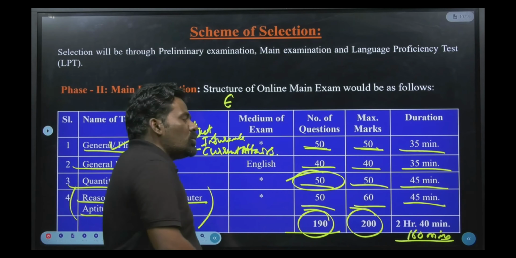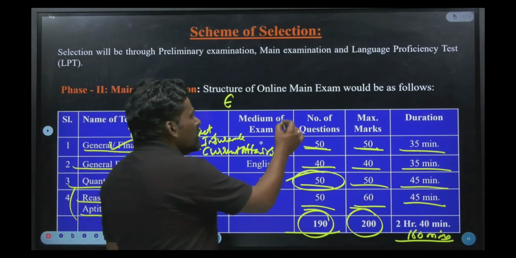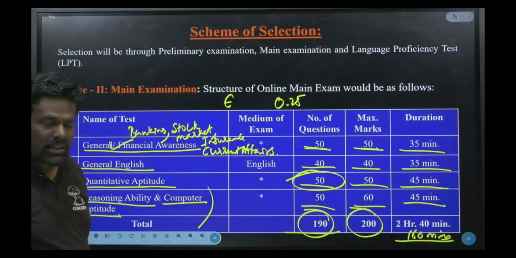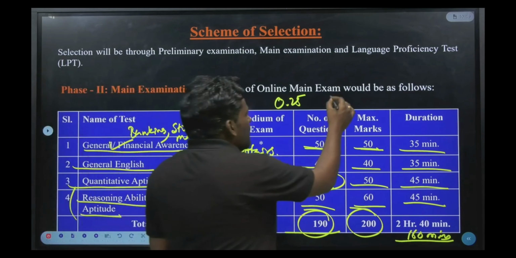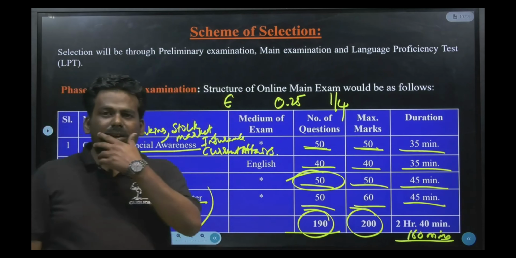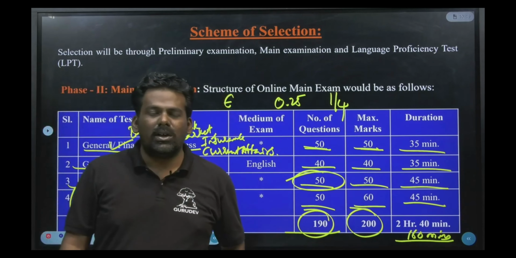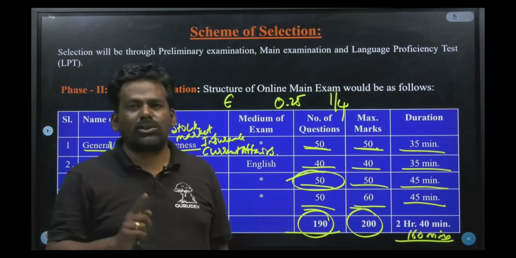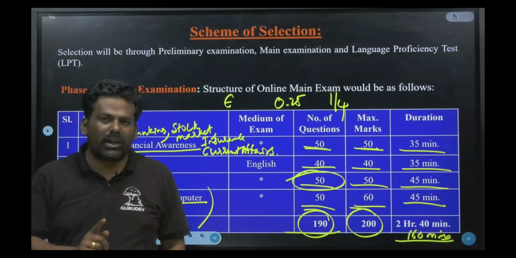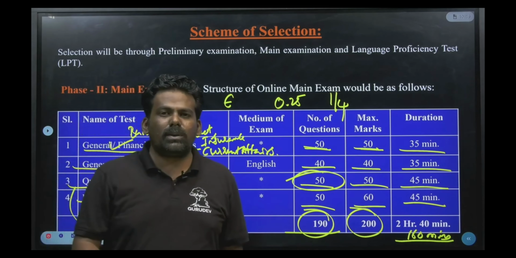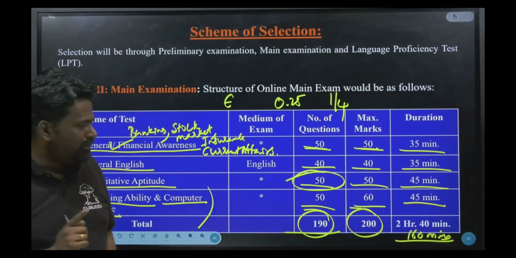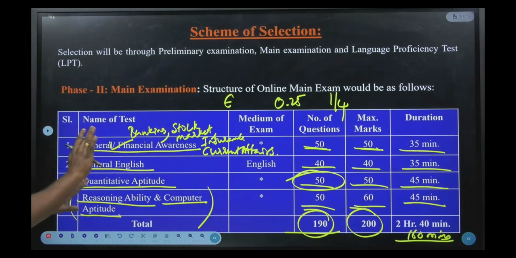So if you mark one answer wrongly, 0.25 marks will be deducted for each wrong answer, correct? Or you can say, 1/4 of marks allotted to that question will be deducted from your total score. So gaining 1 mark is same as losing 0.25 mark. So our answer should be accurate, okay, and your attempt should be more, and you have to score as many marks as possible. Okay, so this is about mains examination.